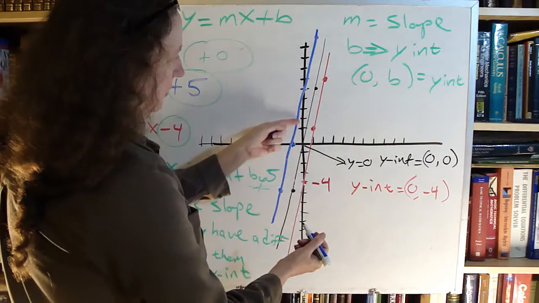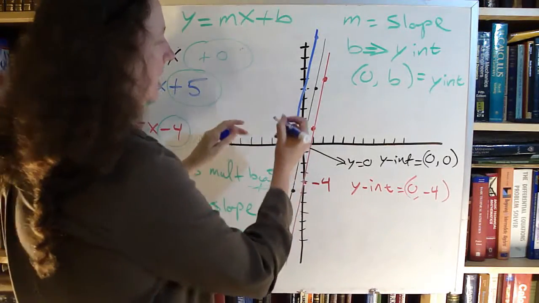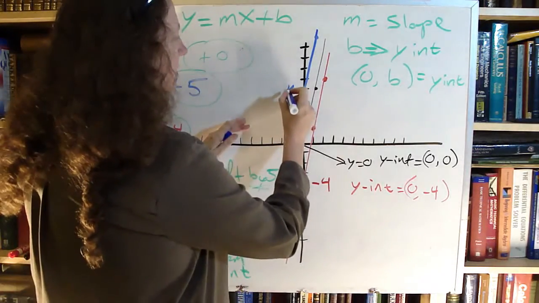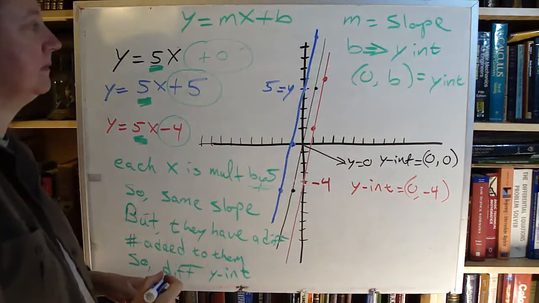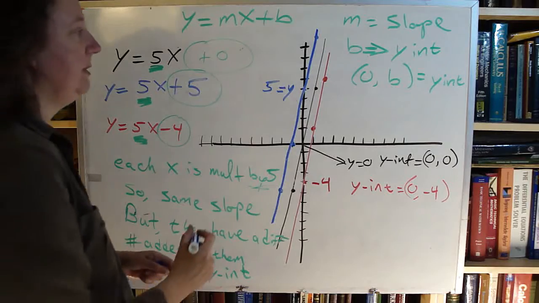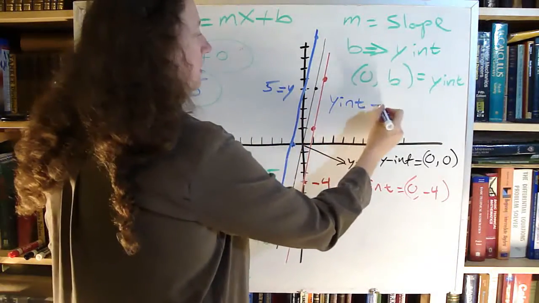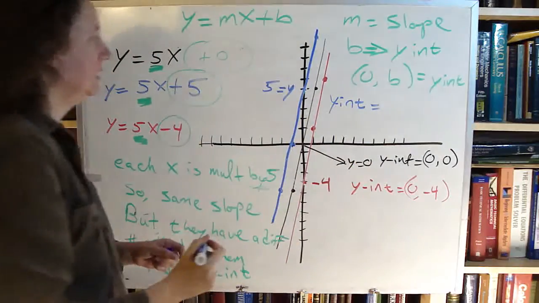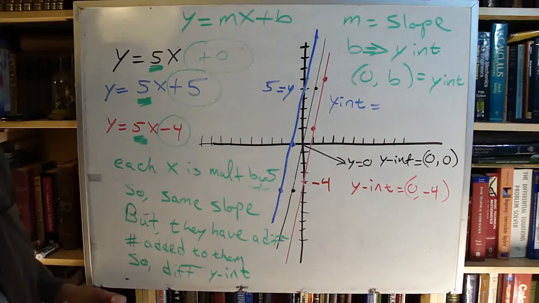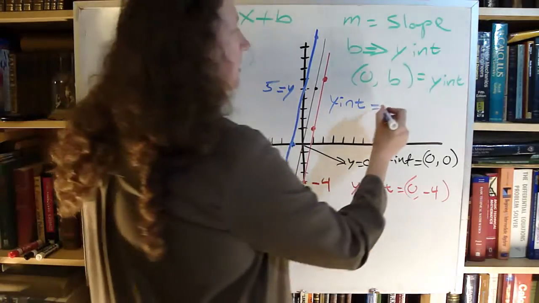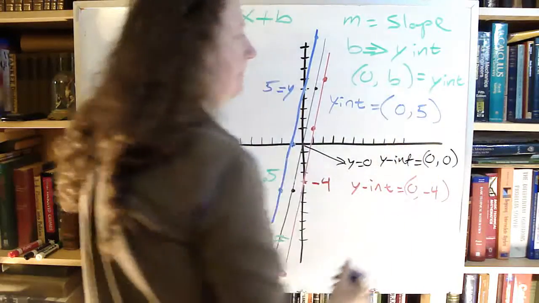So 1, 2, 3, 4, 5 in the positive direction. So y equals 5, which tells me my y-intercept, if I put it as an ordered pair, 0, 5.